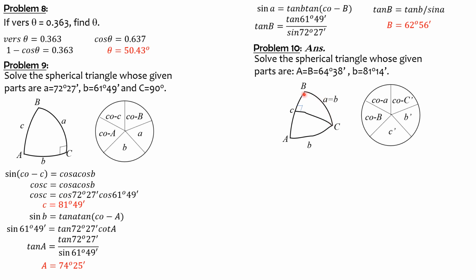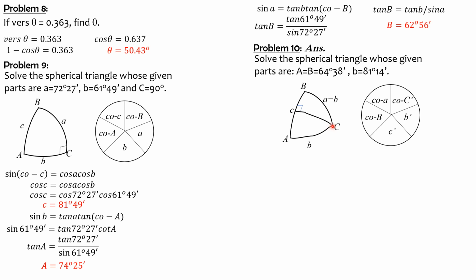So this is the isosceles spherical triangle. Side A opposite to angle A is equal to side B opposite to angle B. So A equals B. Take note of that. So A is also 81 degrees 14 minutes, but we will solve that last.